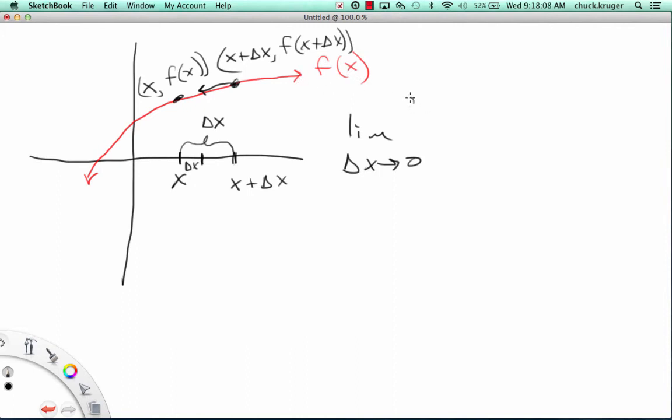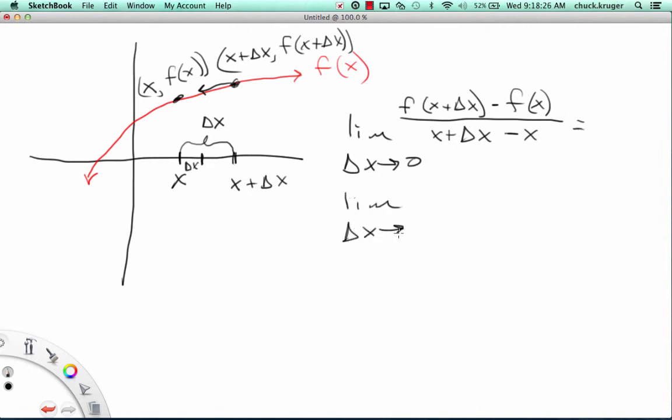So I'm going to write this as f of x plus delta x minus f of x over x plus delta x minus x. And again, that can be simplified as the limit as delta x approaches 0 of f of x plus delta x minus f of x all over delta x.